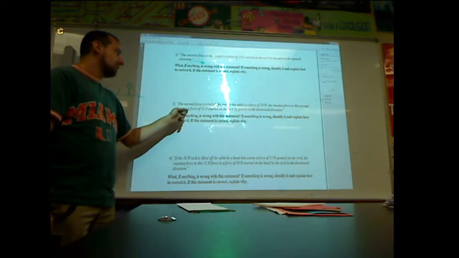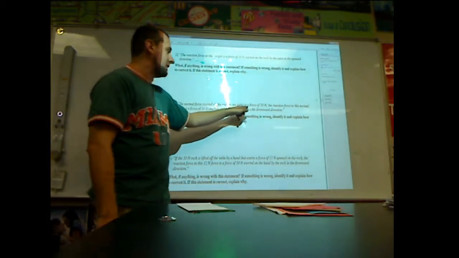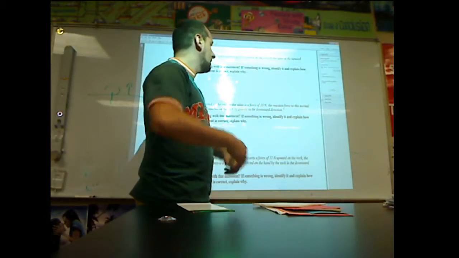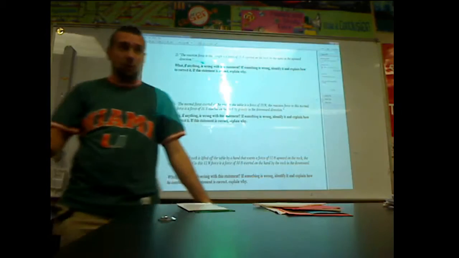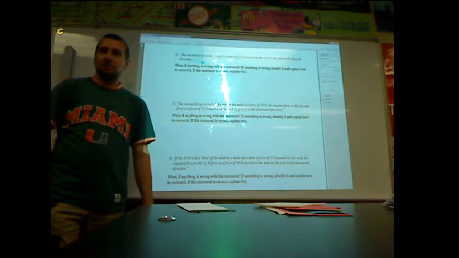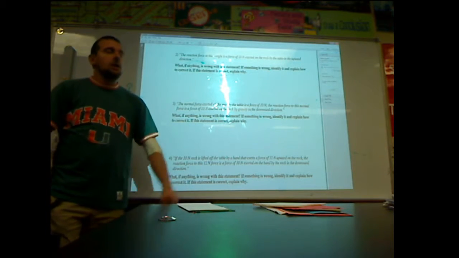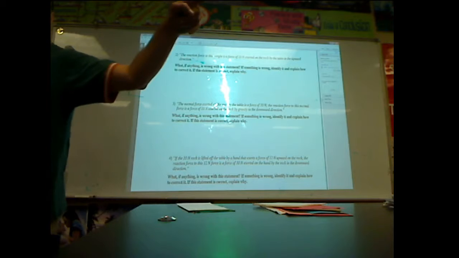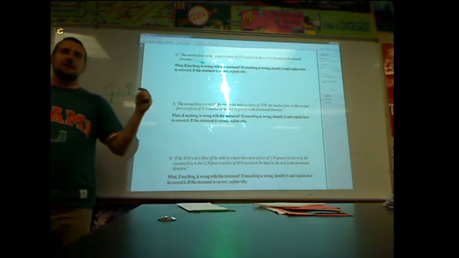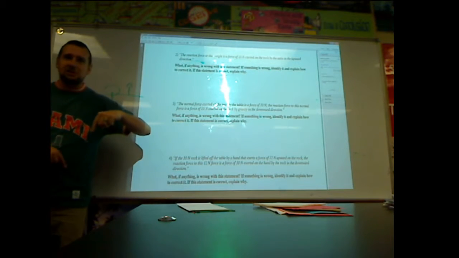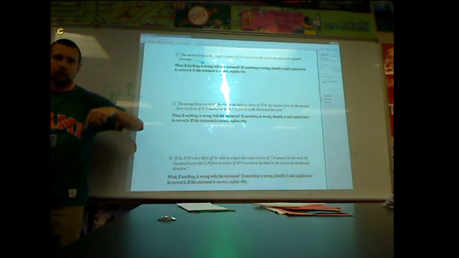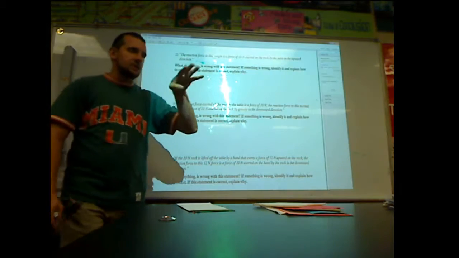That's what this is saying. Conceptually it doesn't really make sense. I like where she's going with it, but it doesn't make sense to think of gravity as a reaction to the normal force.